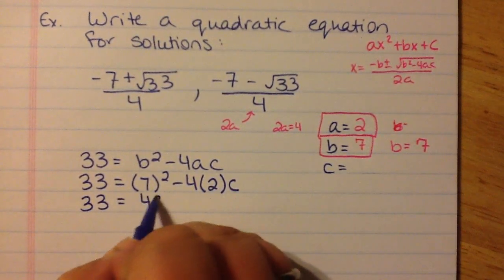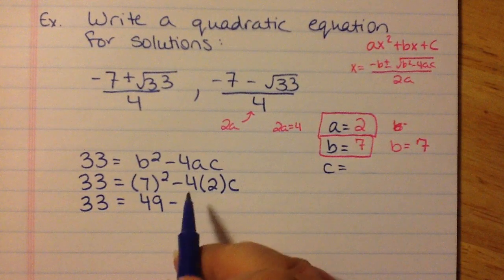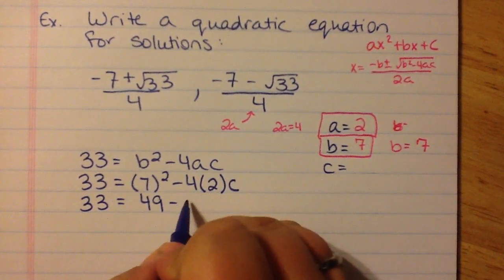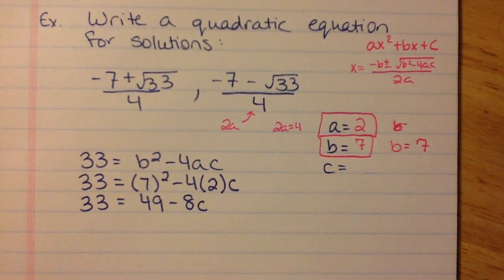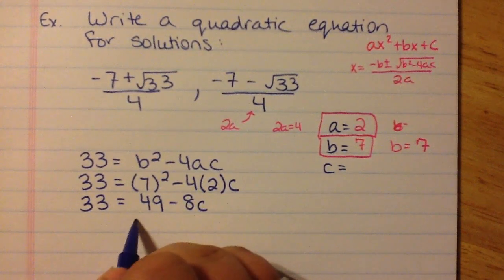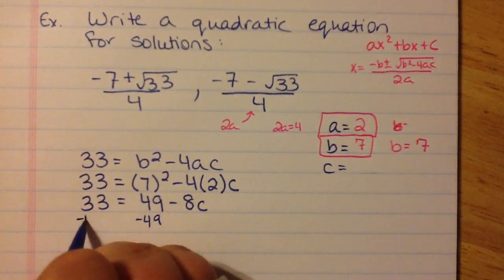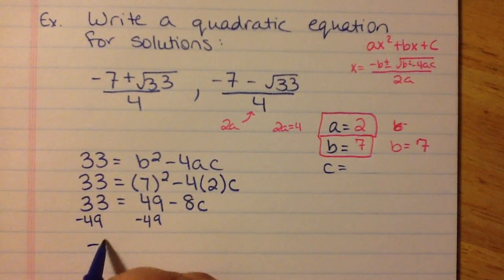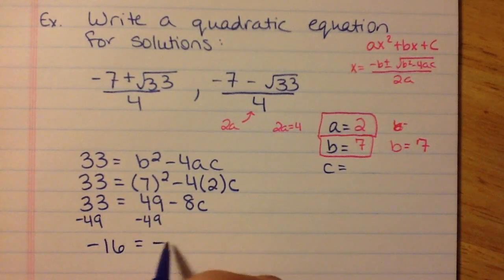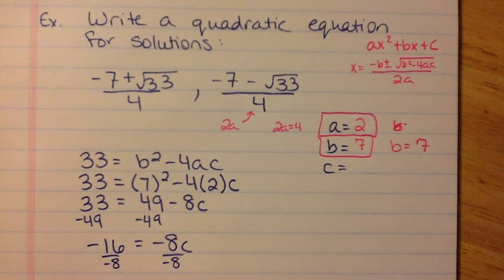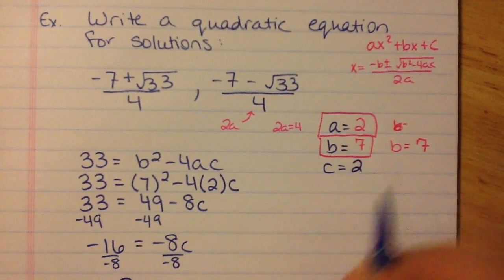Now we just solve for c. 33 equals 49 minus 4 times 2, which is 8c. Then we need to get c by itself, so we subtract 49. I have negative 16 equals negative 8c, divide by the coefficient, and 2 equals c. So c is also 2.